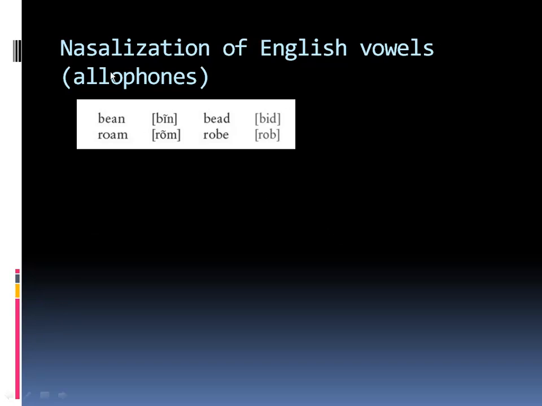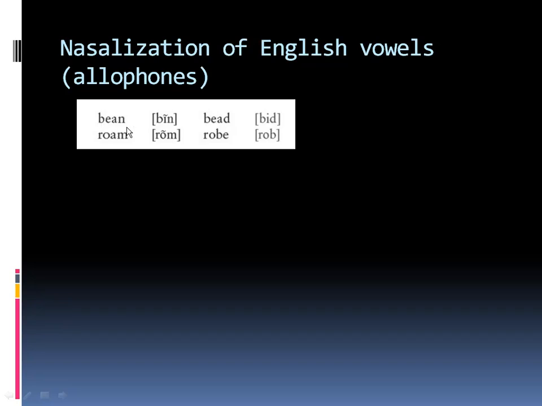But in vowels, nasalization is not really that important. Rather, they are allophones. Allophones are variations of the same phonetic sound. They don't change the meaning of the word. They don't all of a sudden create a different word.